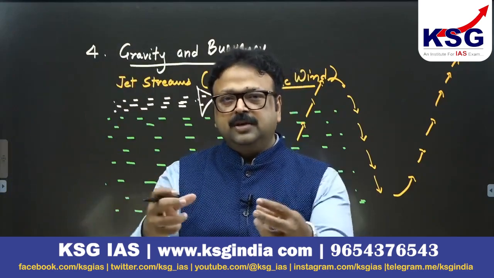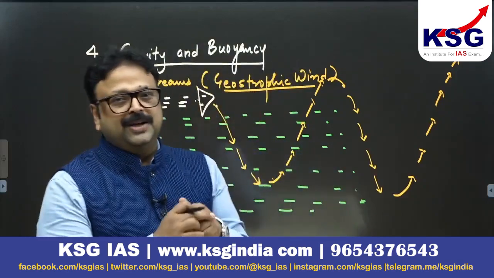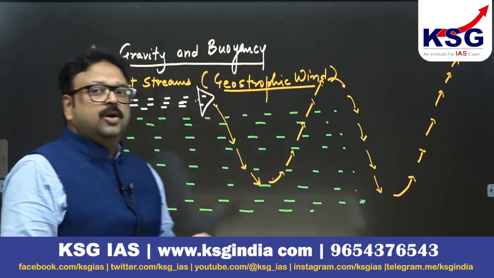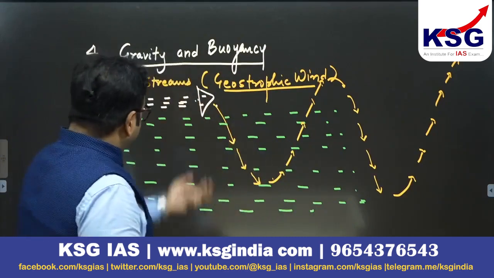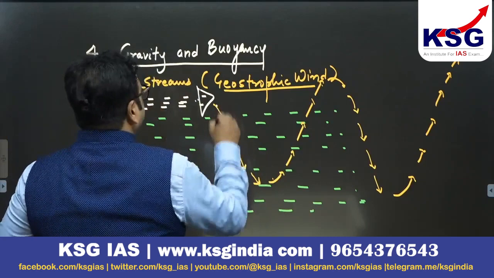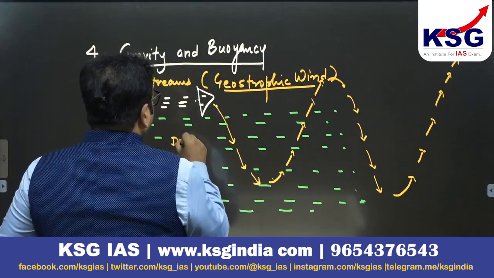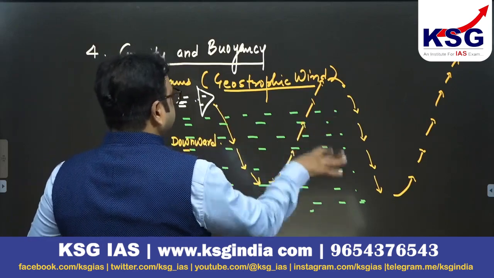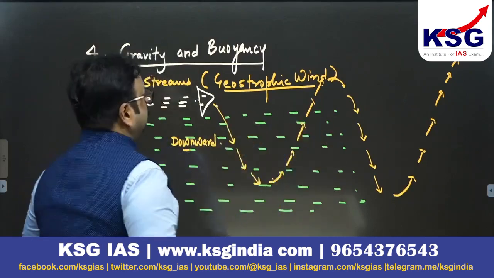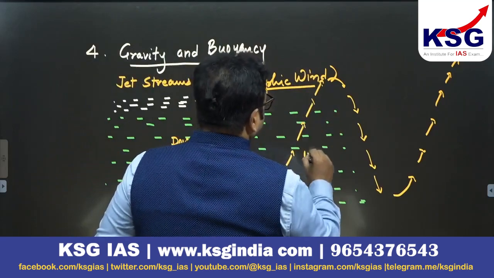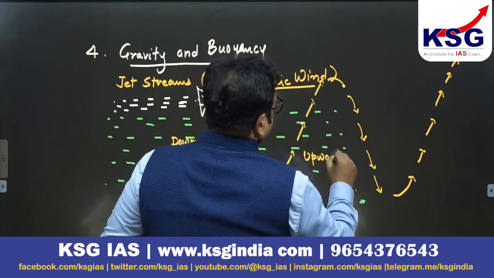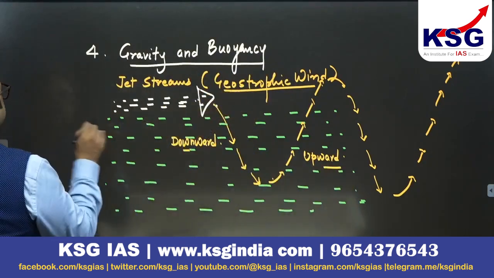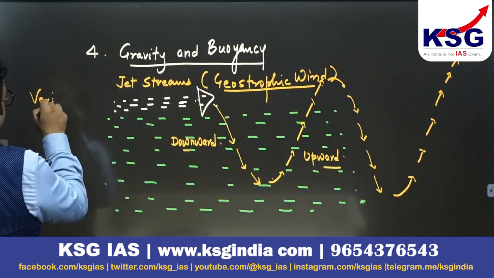This is not possible to give in this small video. So for the jet stream, gravity and buoyancy work over here. Gravity is pulling this wind downward, and the air which is not moving but present in the atmosphere pushes it upward. So the upper atmospheric circulation or geostrophic wind has a vertical meandering.